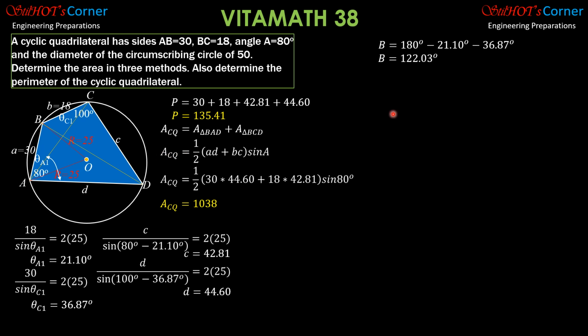Then the diagonal AC can be computed by cosine law. So area of cyclic quadrilateral, another method, is 1/2 the product of the diagonals times sine of theta, where theta is the angle between the diagonals.